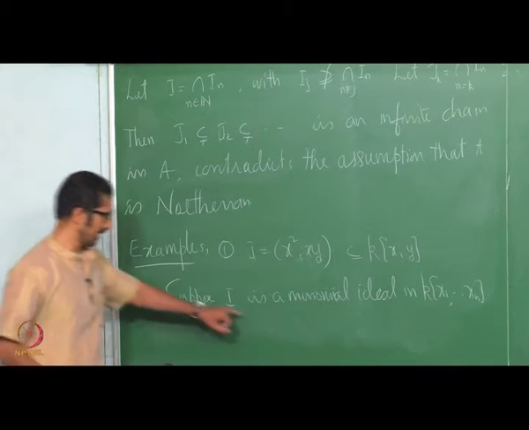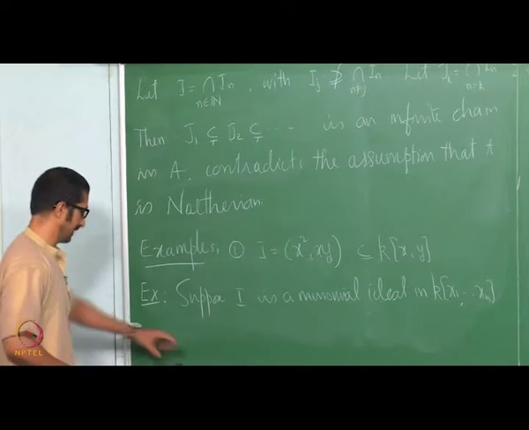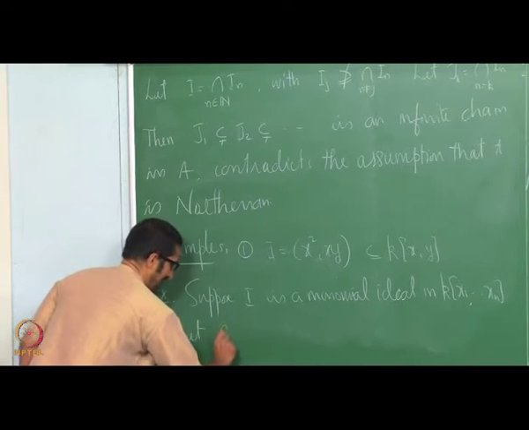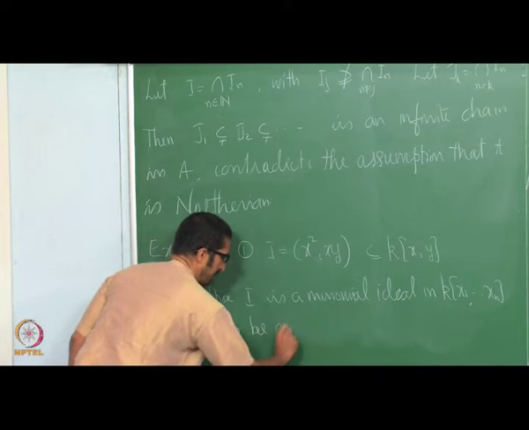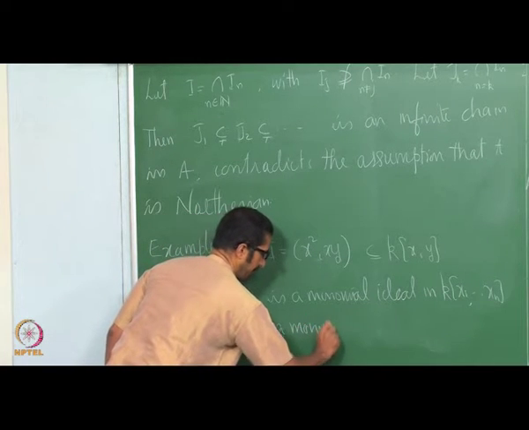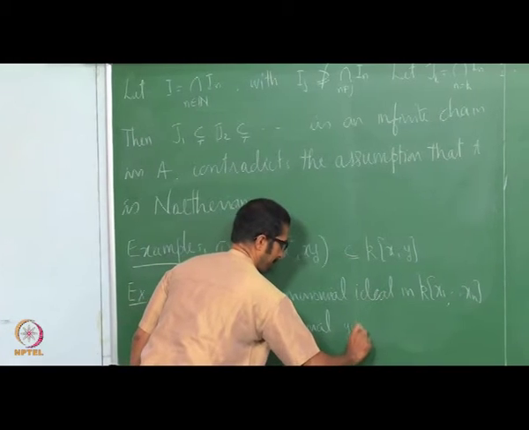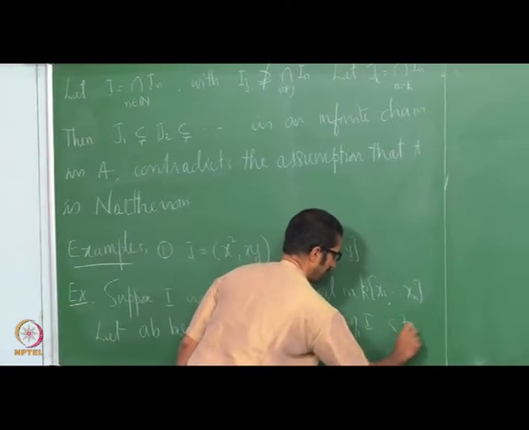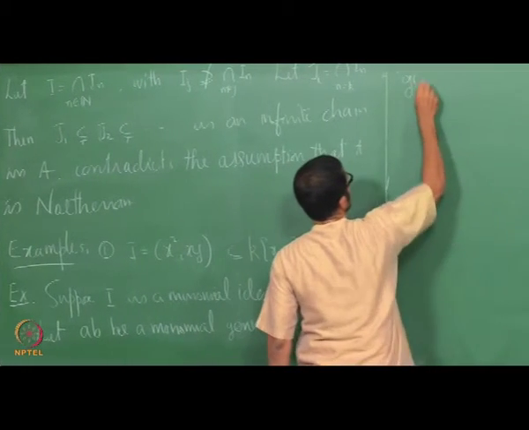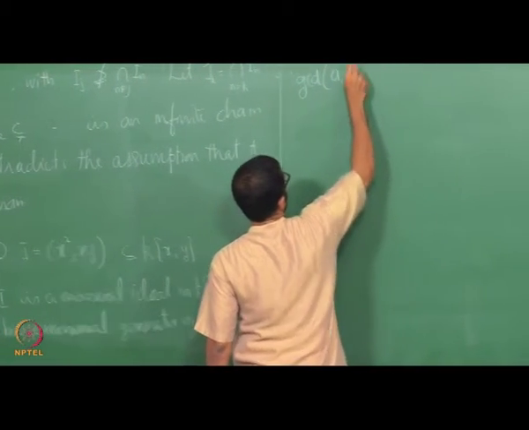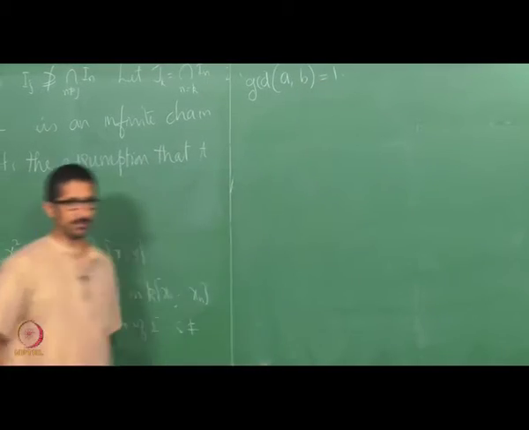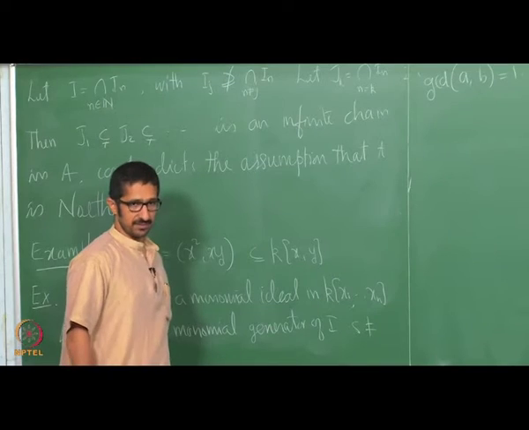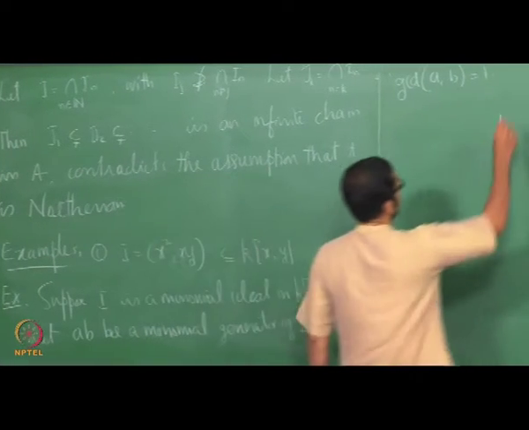So suppose I is a monomial ideal in k[x1, ..., xn]. Let AB be a monomial generator of I such that GCD of A and B is 1, they are coprime, with no common factor.